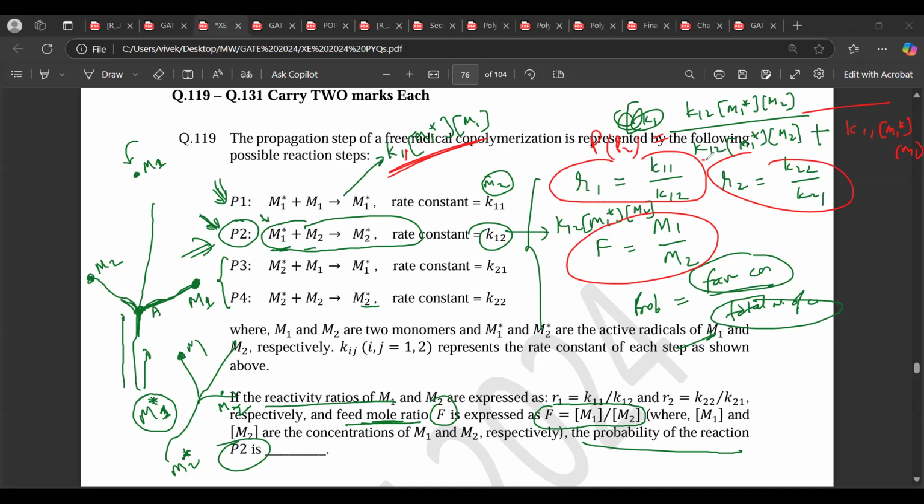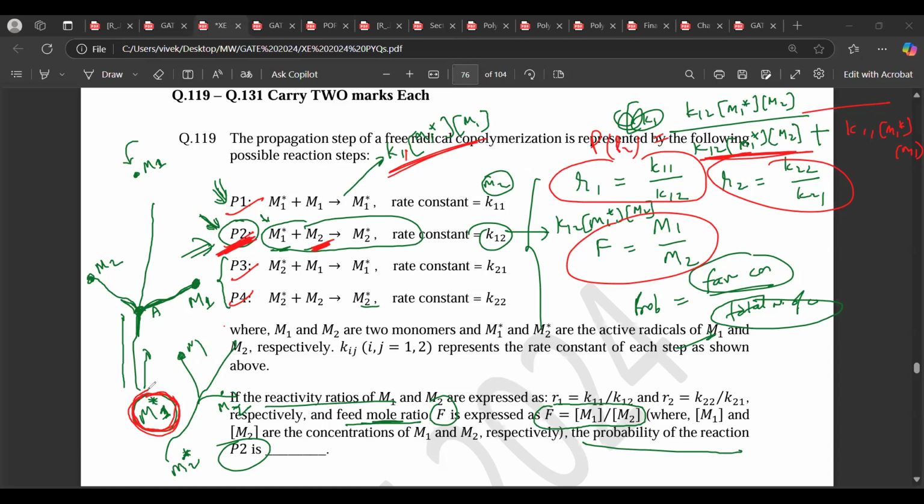But what if you choose to give the rate of P1, P2, P3, and P4, all summed as the total? That is what I tried in my first attempt. Why is that wrong? Because we are asked to calculate the chances of M1 star reacting with M2, which is P2. So the path is fixed.